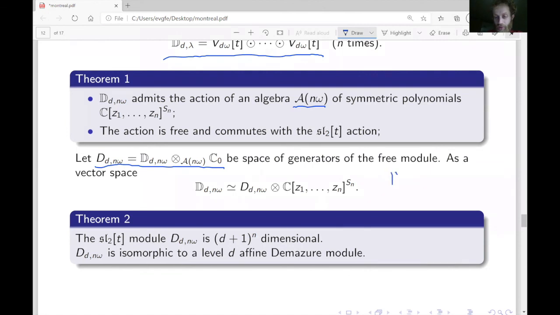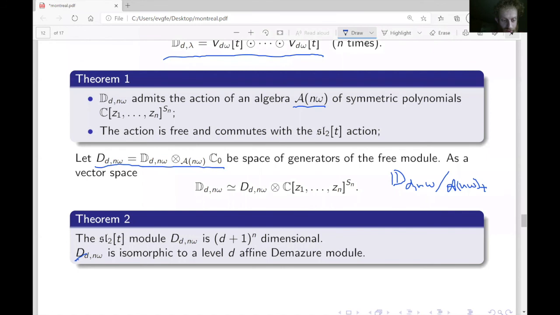So you take the quotient of D and omega by the algebra A of n omega plus, the algebra of symmetric polynomials with no constant term. Or you can say that you take the space of generators of the free modules, and the theorem says that this is the level D affine Demazure module.